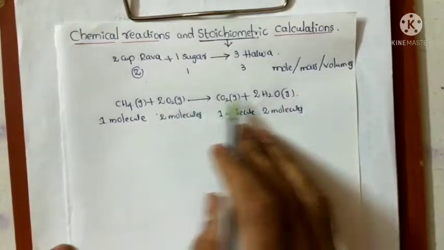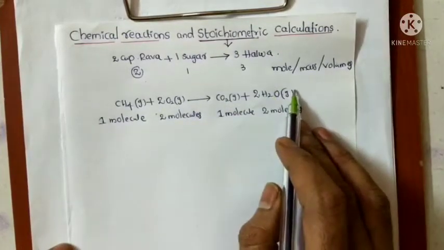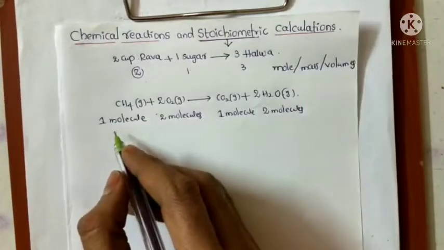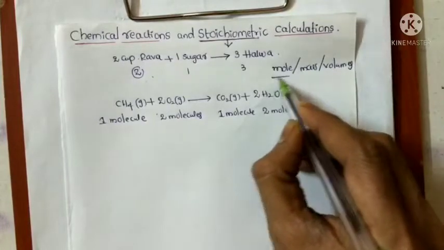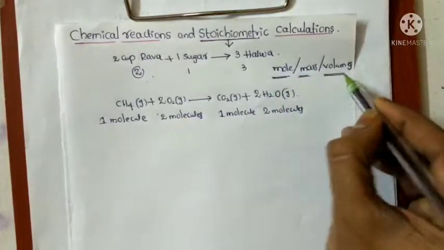So it is a balanced chemical equation when expressed in molecules. Here we know that these quantities can explain the moles, masses as well as the volumes.